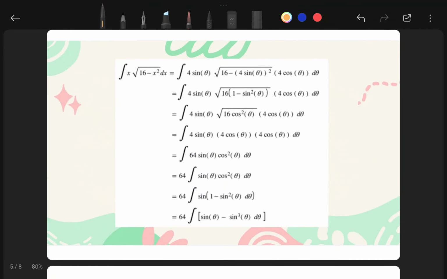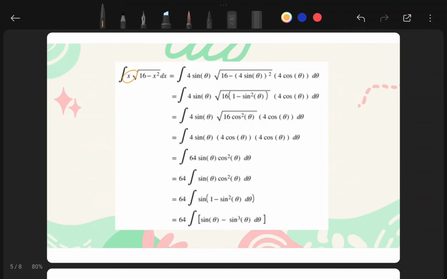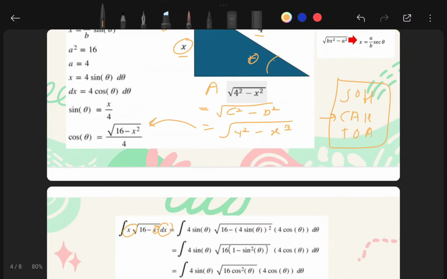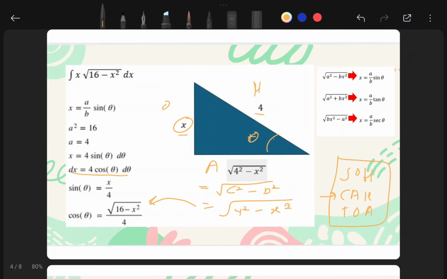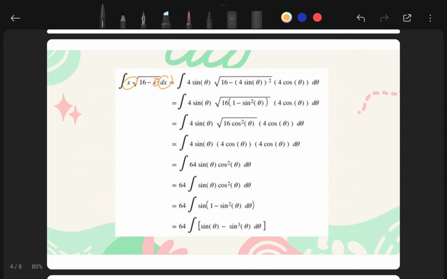After that, we substitute x into the question, and we also substitute the dx because we already found it earlier. So x became 4 sin theta, and we also substitute dx. After that, we can simplify this question into this. This one we can factorize into 16 times 1 minus sin square theta.